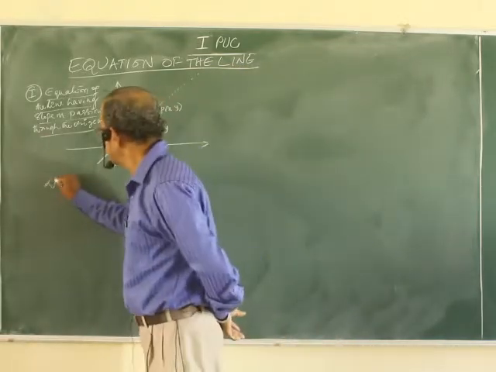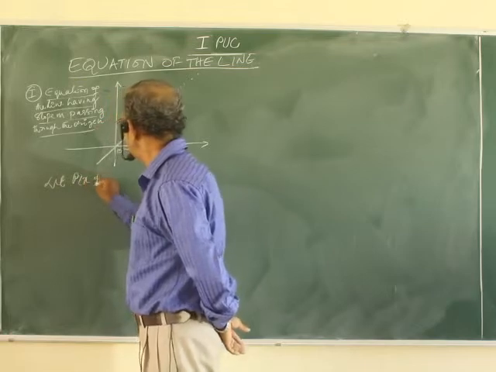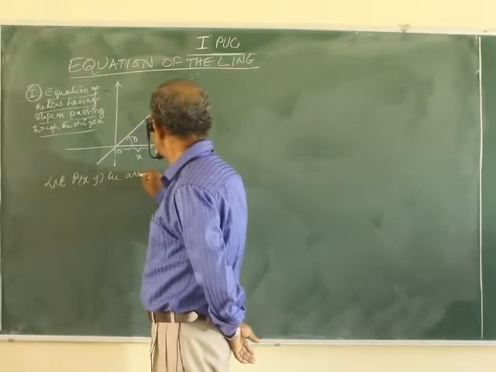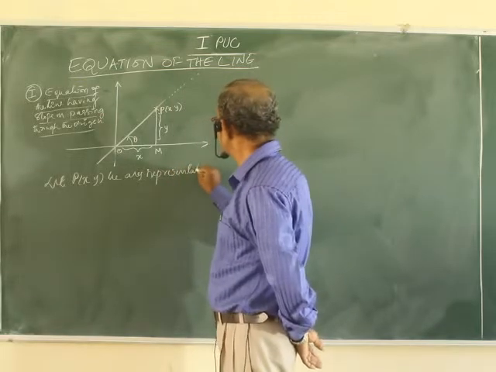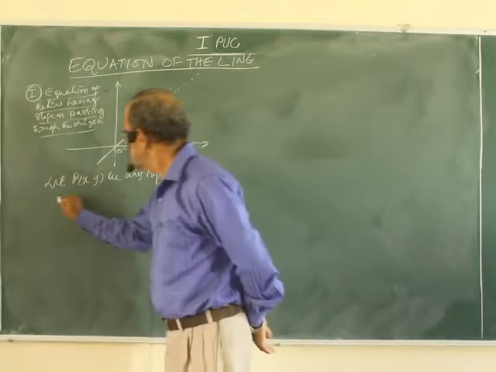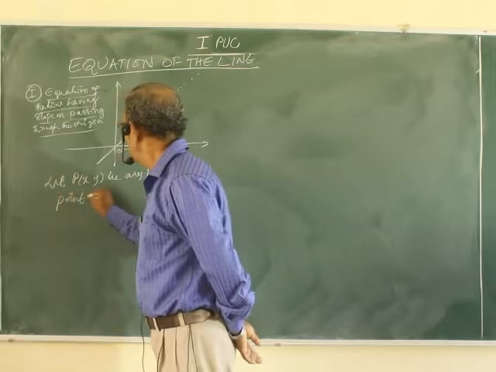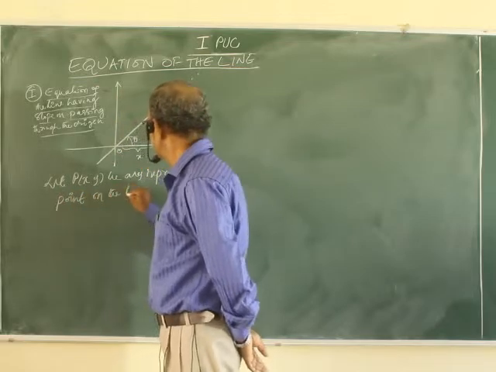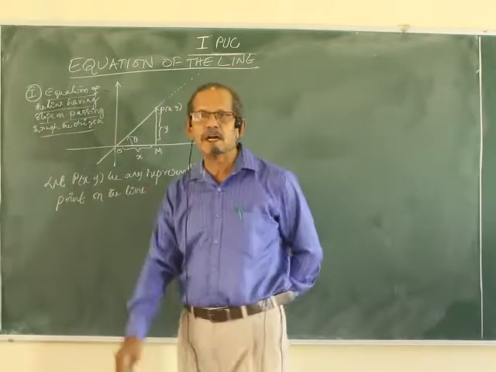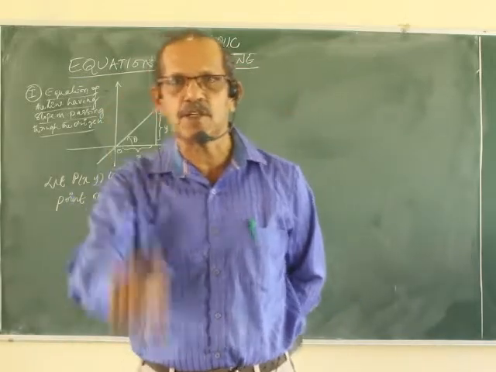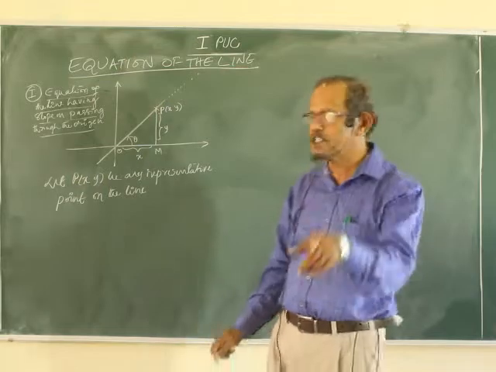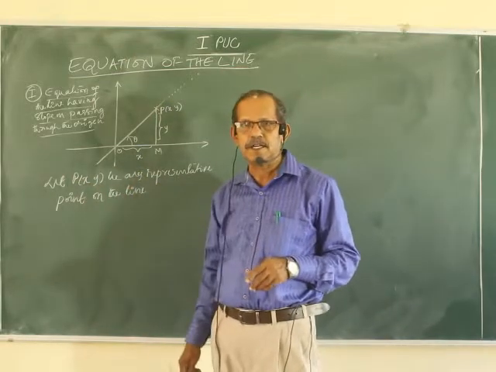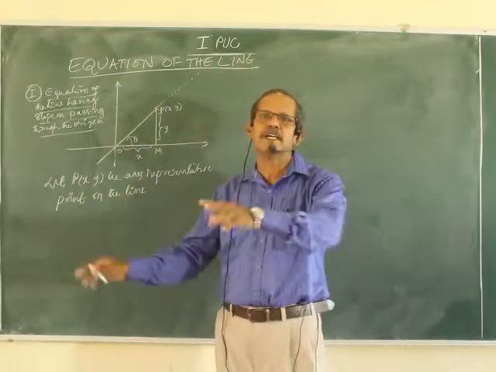Now, let P(x, y) be any representative point on the line. This is the usual method how to find equation to the locus. Whatever may be the locus given, you must consider the representative point. Put the condition to that point, you get the equation.